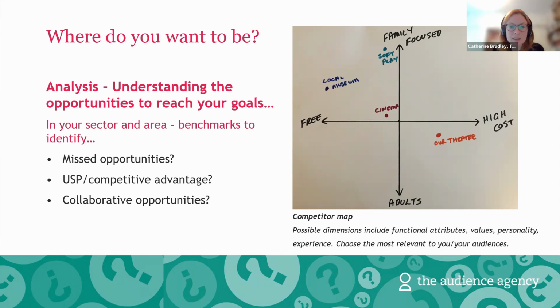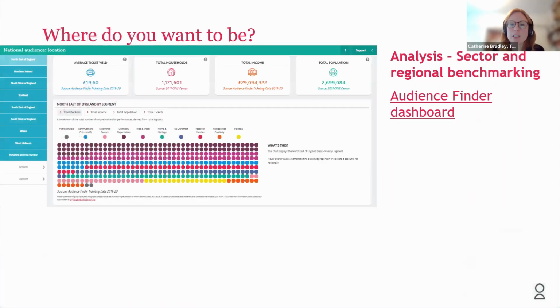And just going back to what I mentioned a moment ago, that wider sectoral benchmarking data that you can draw on as well to understand your own positioning. So there's a wide range of data available in the Audience Finder dashboard, and that helps provide national art form context. We can see regional context as well.